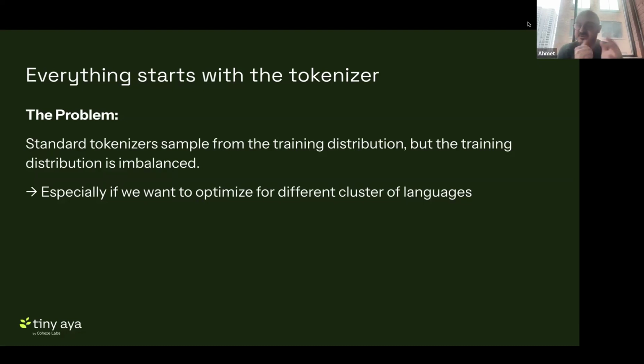At the same time, especially for Tiny Aya, since we want to release 3 different optimized language models, there is no one certain data distribution, right? If we target the Asian languages, the data distribution is skewed toward the Asian languages, but there are also African languages, and that skewness doesn't allow the tokenizer to learn enough representation for other languages.